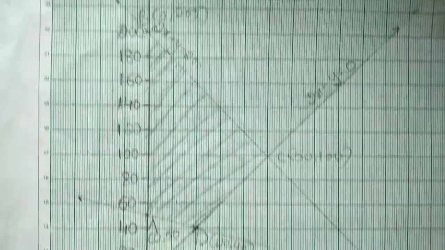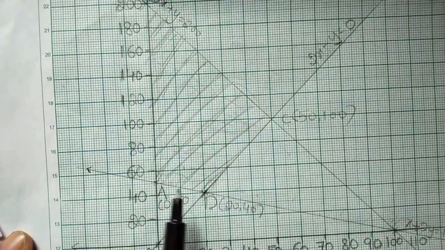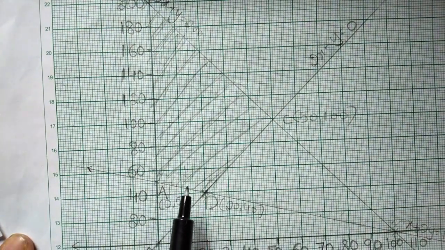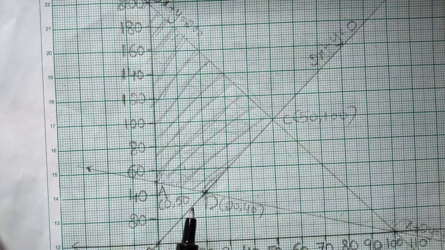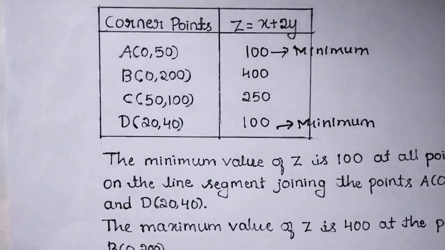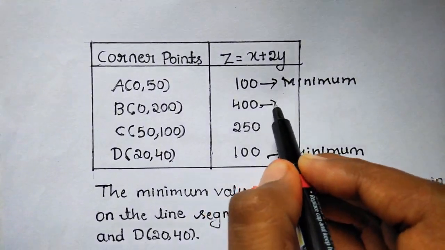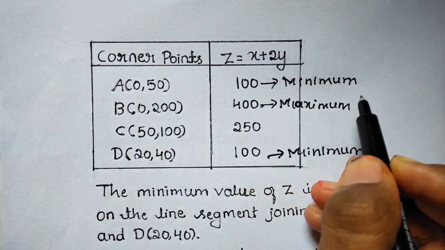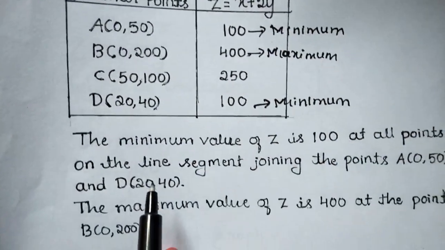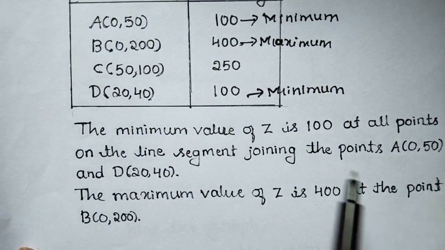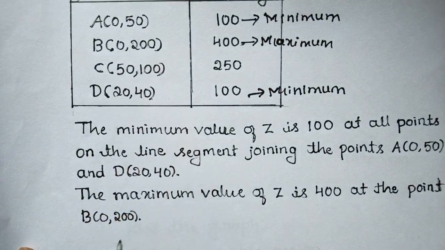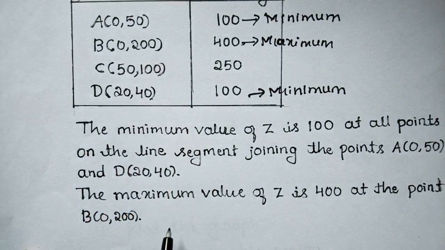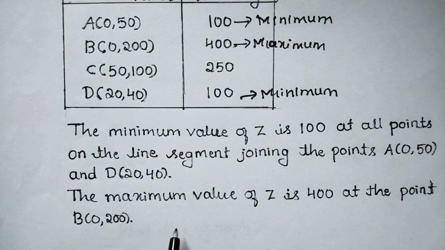Look at the graph. A and D are here. Every point on this line segment will give us the same minimum value 100. Now the maximum value is 400. So we conclude that the maximum value of z is 400 at the point B of 0, 200. This completes the solution of this problem.